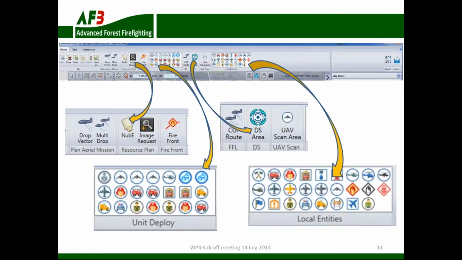Activating the CGF route on the map, showing the UAV scan area, and deploying by using the icons to deploy firefighting or police or volunteers, whatever, and some local entity that helps us to design the mission.